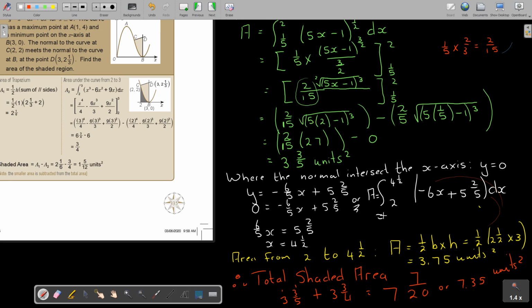And you would have also got that 3.75 units squared. But I think this one was easier.